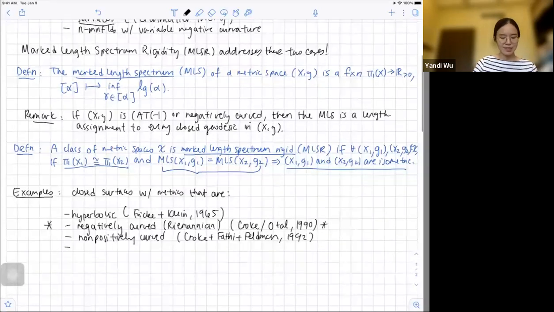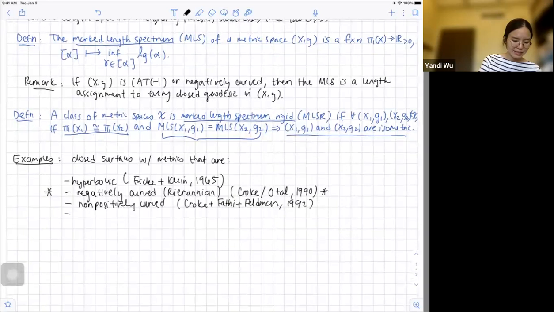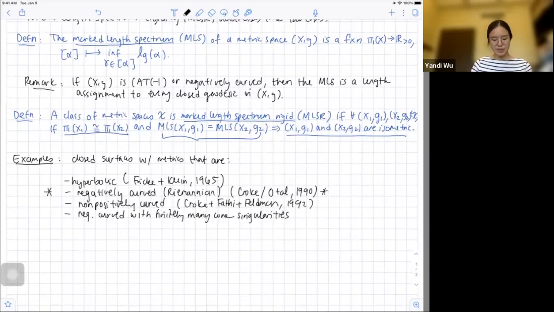And then in a different direction, negatively curved still, but with finitely many cone singularities. This is by Hersonsky and Paulin in 1997.